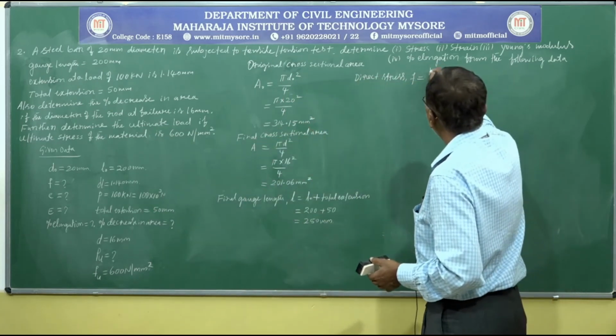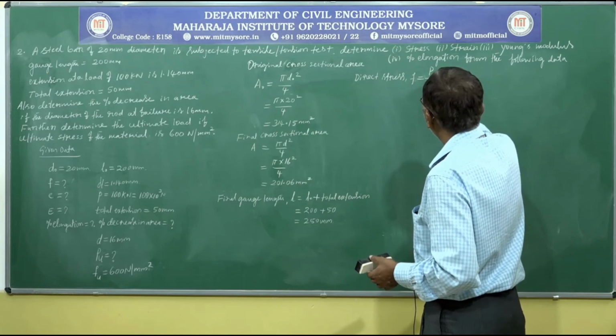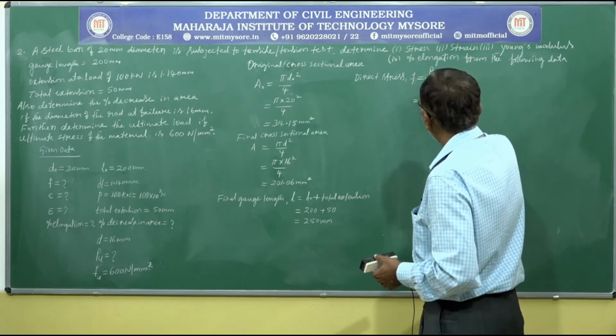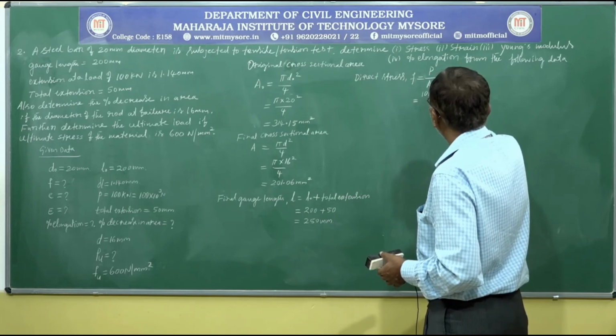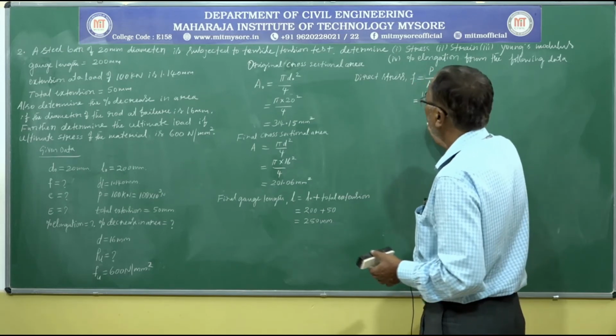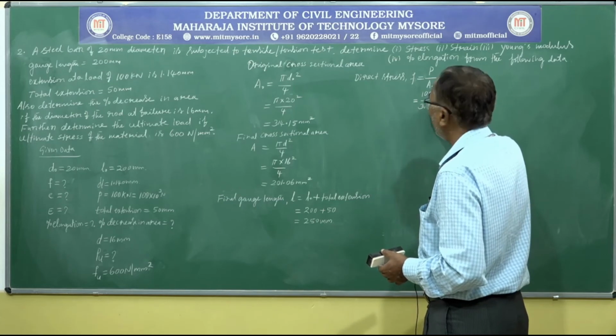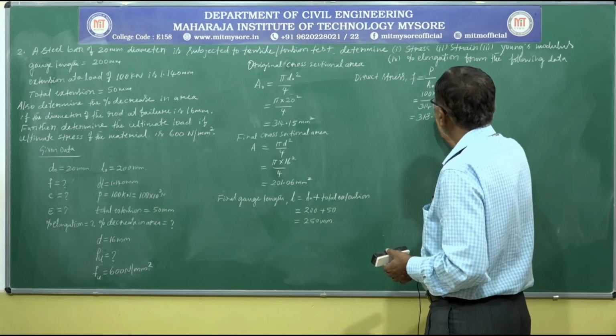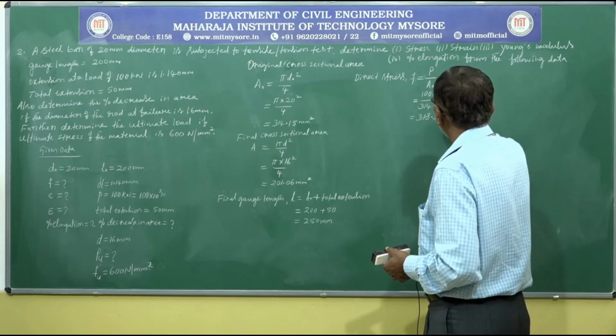So F is equal to P divided by original cross sectional area A naught, that is equal to 100 into 10 power 3 divided by 314.15, which is equal to 318.31 Newton per millimeter square.